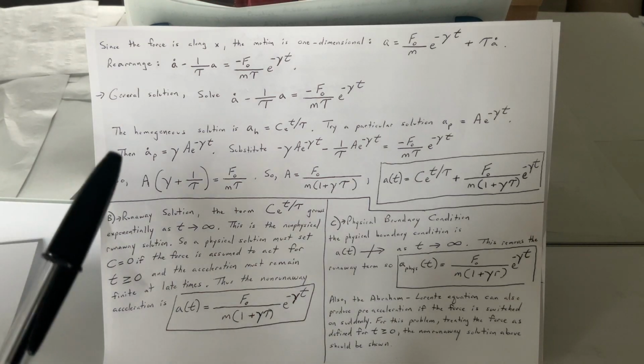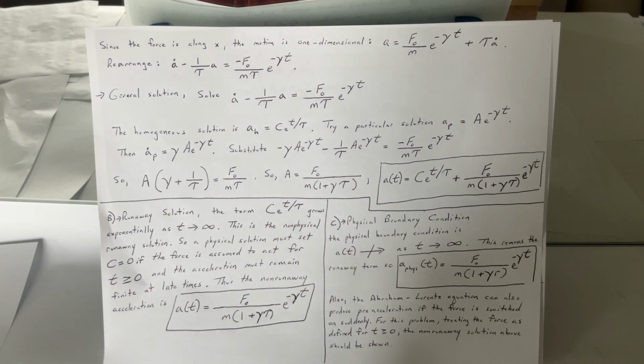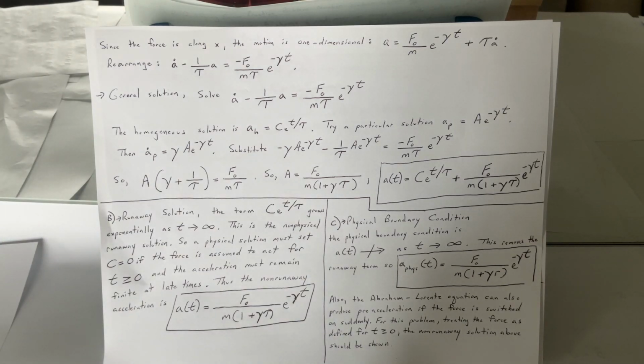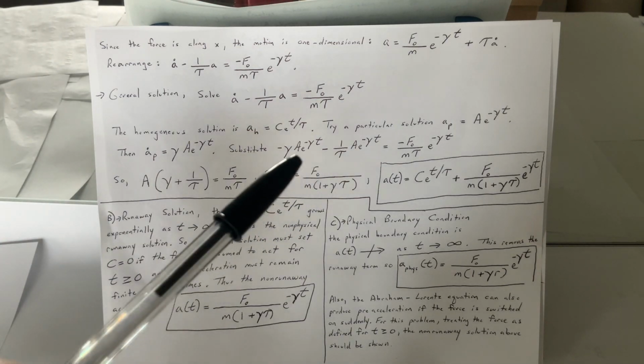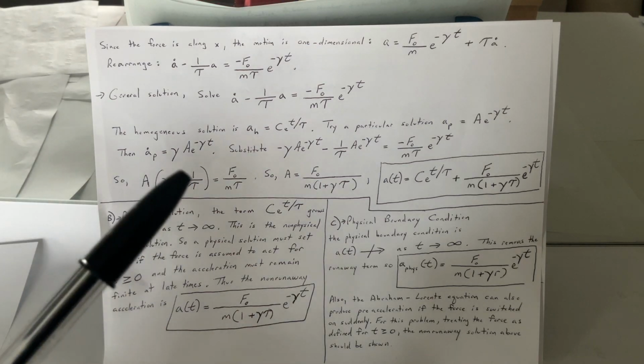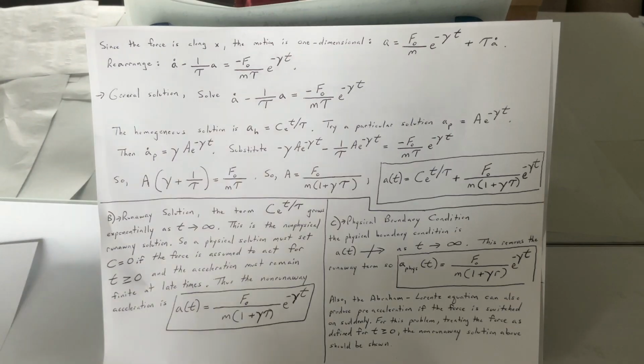Then that would mean ȧ_p = -γ A e^(-γt). If we substitute this, -γ A e^(-γt) - (1/τ) A e^(-γt) is going to wind up equaling -F_0/(mτ) e^(-γt). So from there, we could say A times (γ + 1/τ) equals F_0/(mτ).